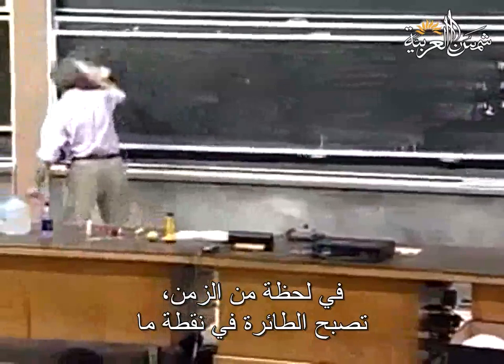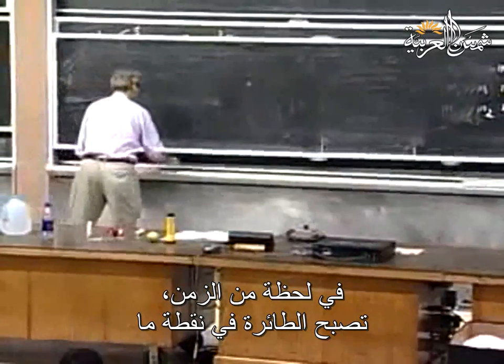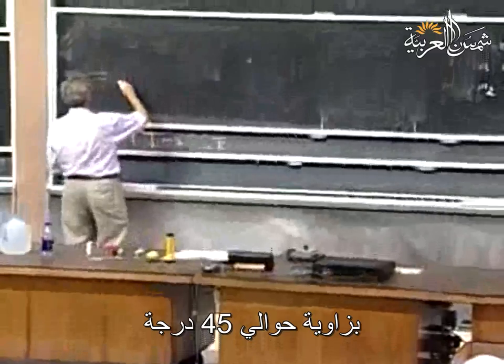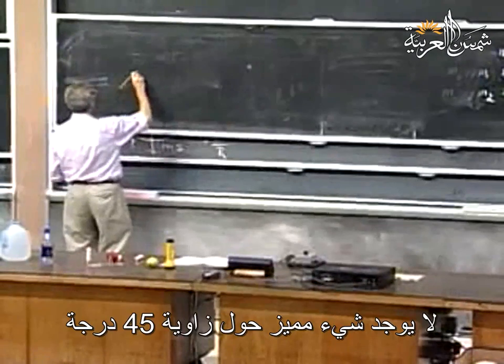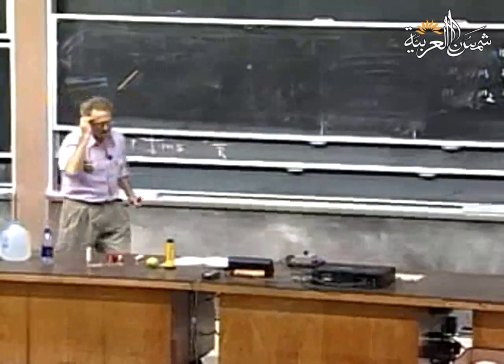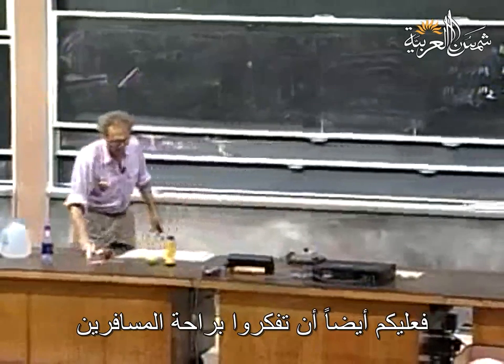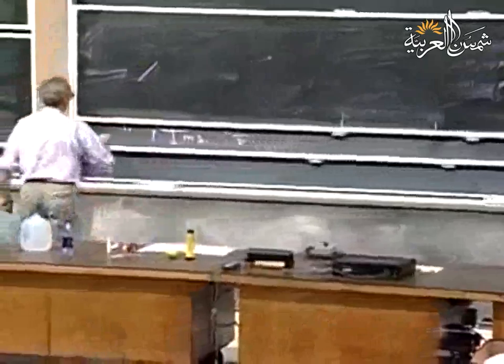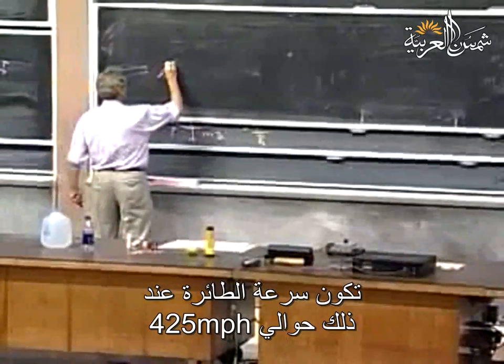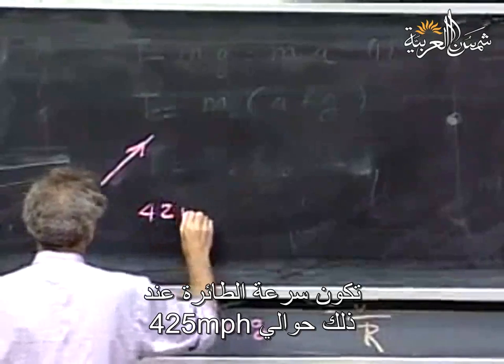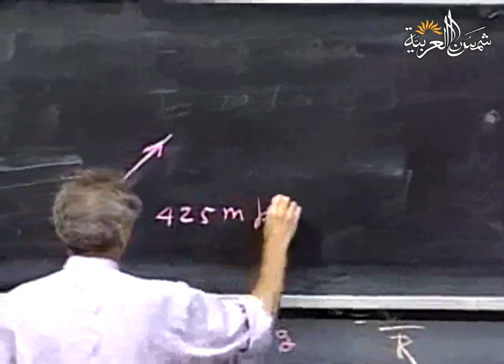They fly an airplane, which is the KC-135, and they do these experiments at an altitude of about 30,000 feet. Let me try to clean this as best as I can. The plane comes in at one point in time at an angle of about 45 degrees. There's nothing special about that 45 degrees. It's just the way it's done. You have to also think of the convenience for the passengers. The speed is then about 425 miles per hour.